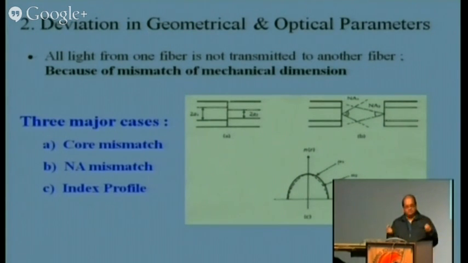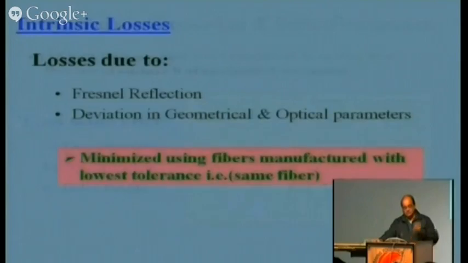A person who is assigned this job will make the joint with the ingredients he has been provided. If the fiber is mismatched, not of the same dimension, it is not the problem of the skilled worker. So these are also issues. These types of losses are called intrinsic losses.